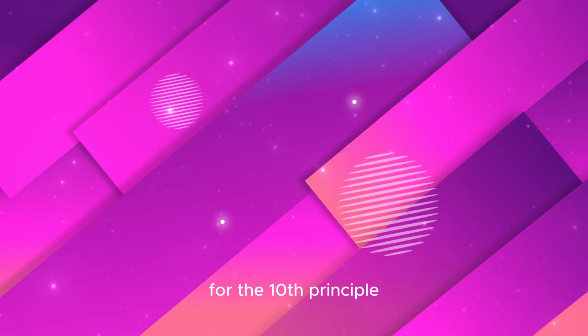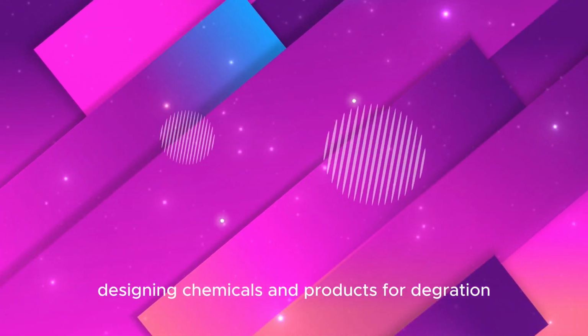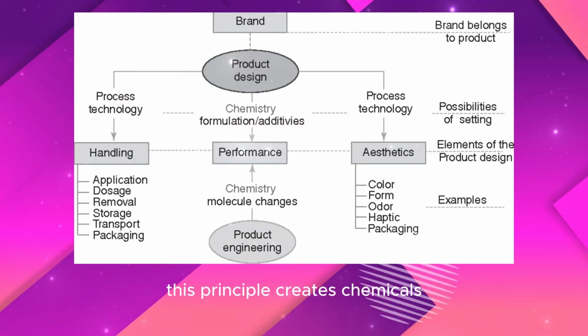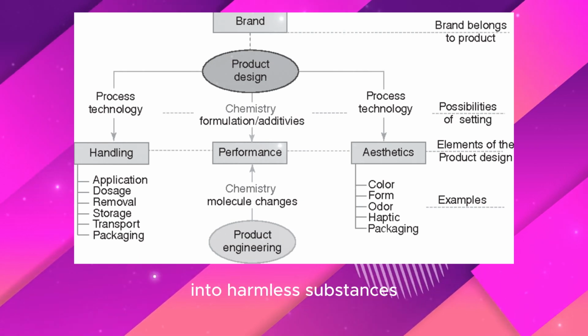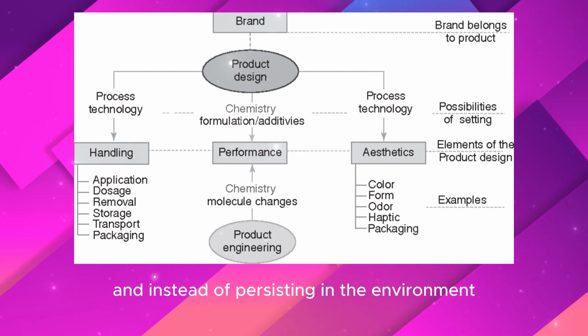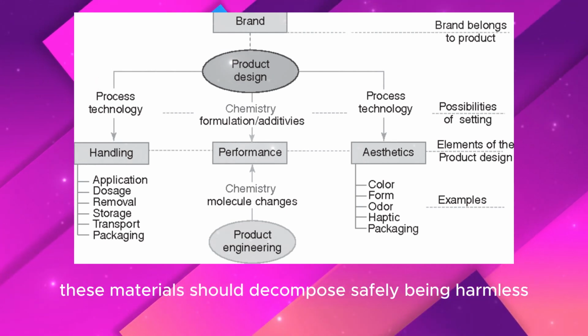For the 10th principle, designing chemicals and products for degradation. This principle creates chemicals and materials that break down naturally into harmless substances. Instead of persisting in the environment causing pollution, these materials should decompose safely.